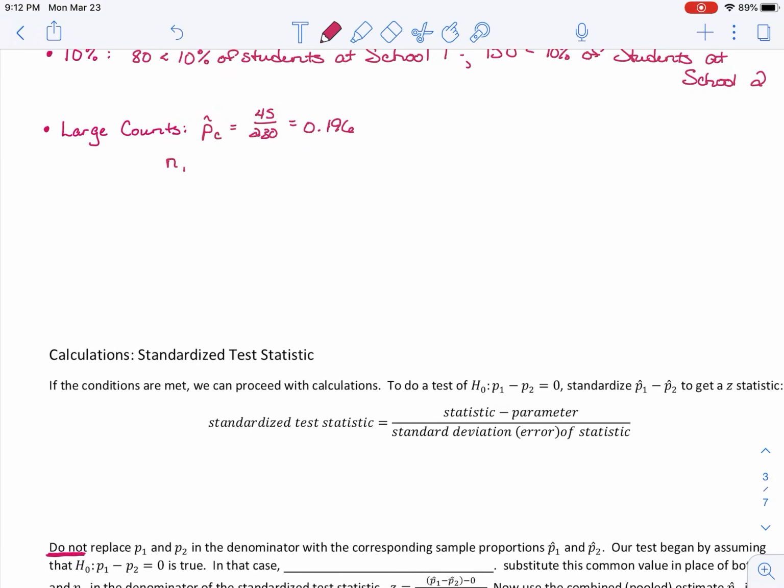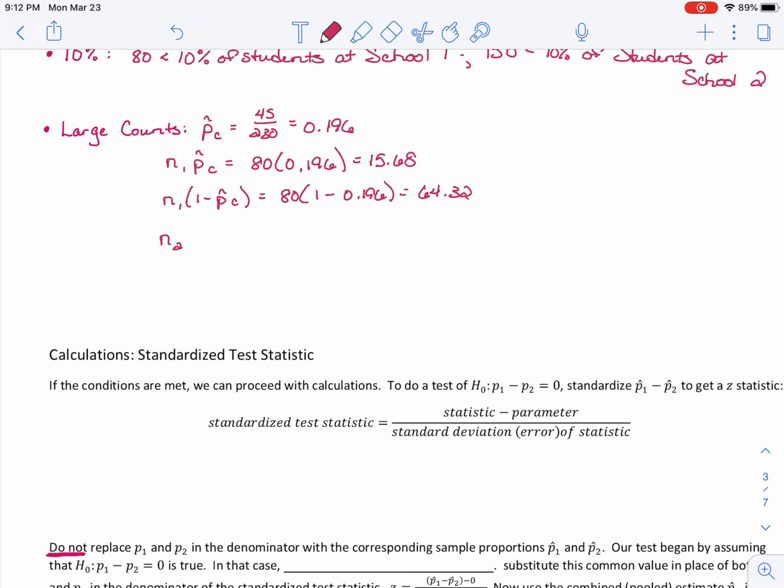So I'm going to take my first sample size and multiply this value. So 80 times that turns out to be 15.68. So this one's going to be 64.32.